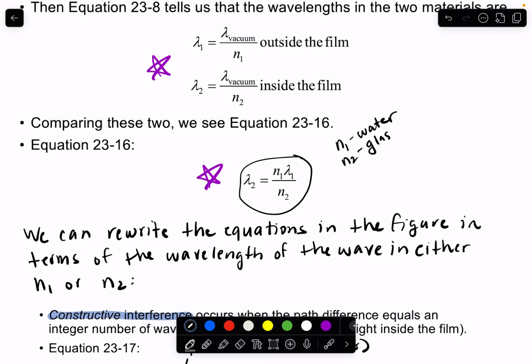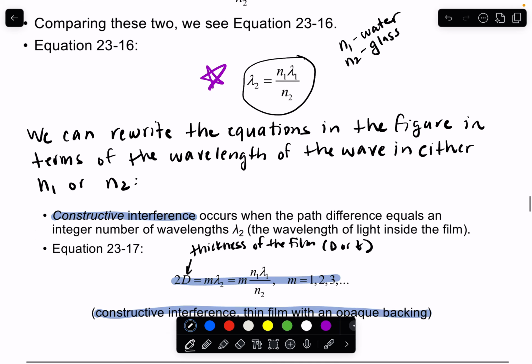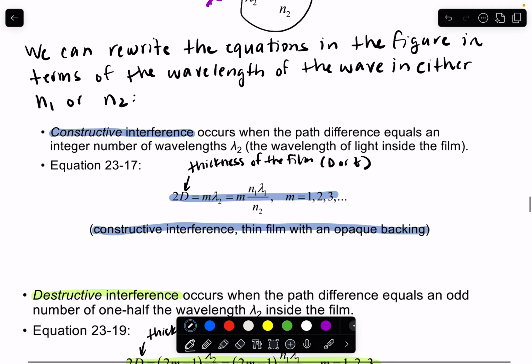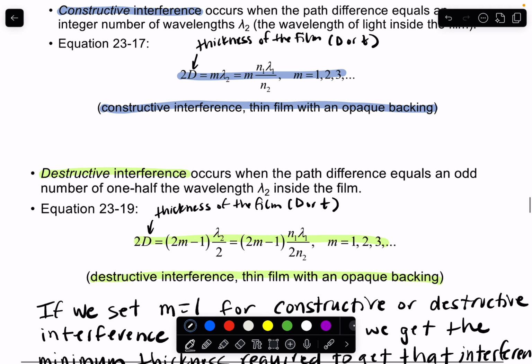So it doesn't have to just be air and glass or anything like that. It can be any two media. We can then rewrite those equations in the figure in terms of lambda 2, which has already been done in the figure.